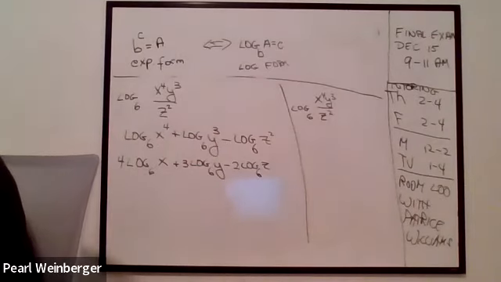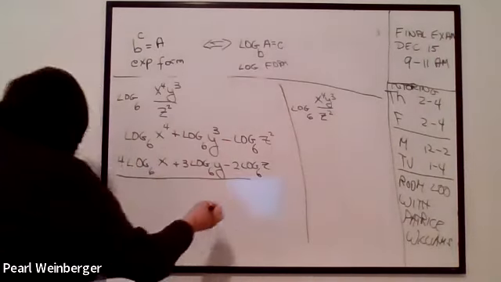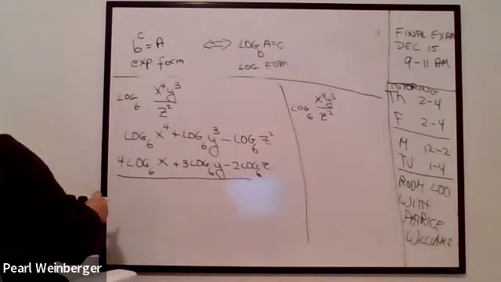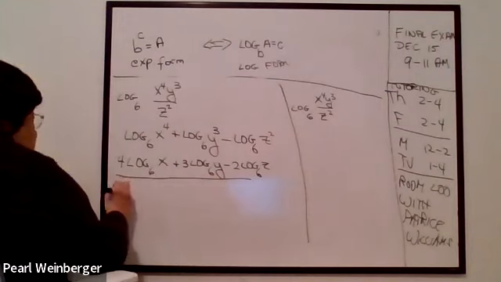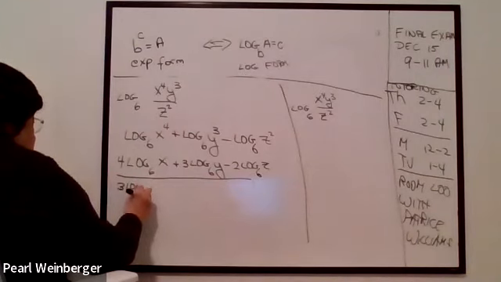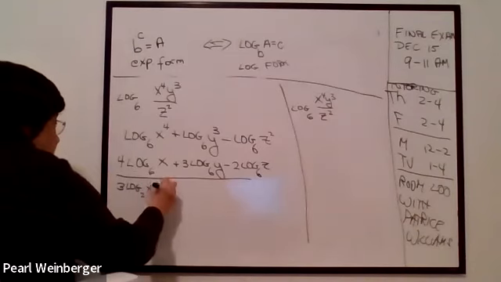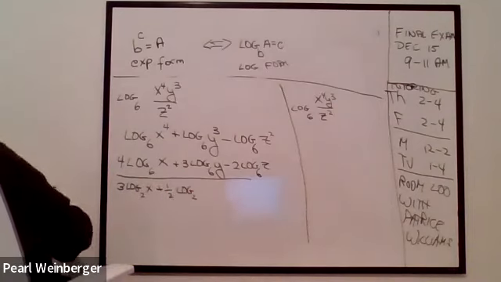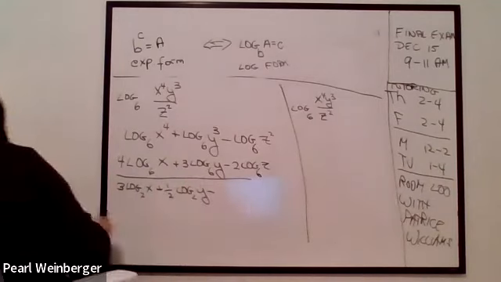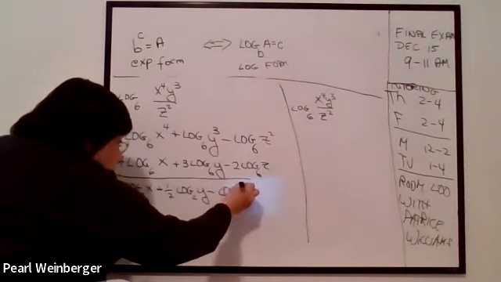Now, you could do this backwards also. Let's say I gave you this expression: three log base 2 of x plus 1/2 log base 2 of y minus log base 2 of z.